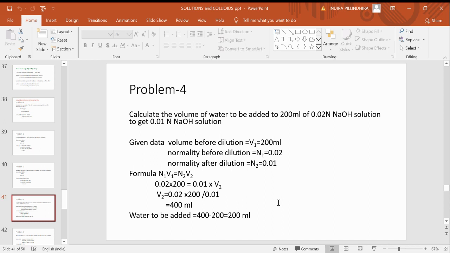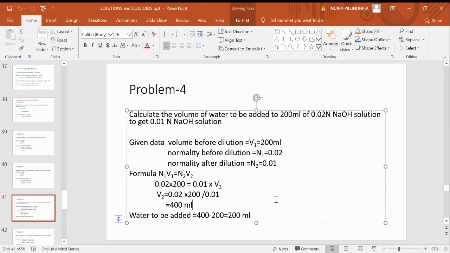So we should read the problem carefully and see what is asked, whether it is the final volume or the amount of water to be added. If the amount of water to be added is asked, then we should subtract the initial volume from the final volume. Okay? So this is one type of problem.